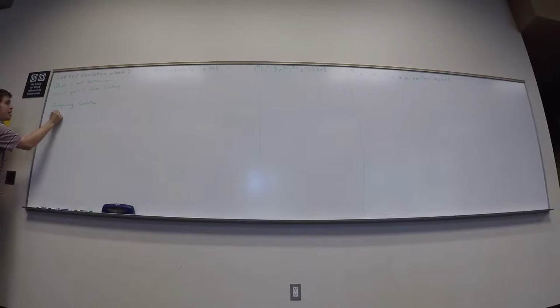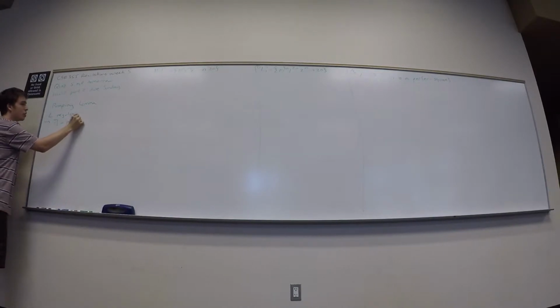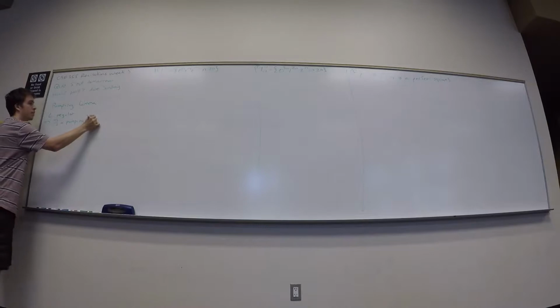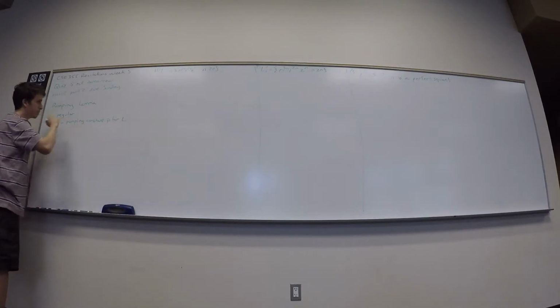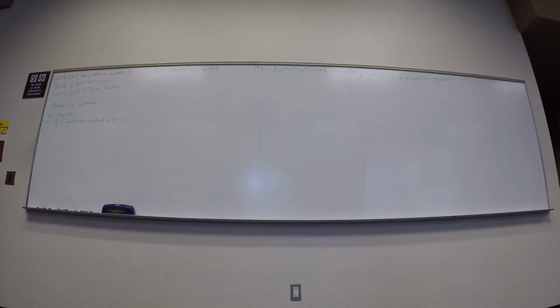So if L is regular, then there exists a so-called pumping constant, which we're going to call P for L. And what did that pumping constant P remind us of? What is it really an indicator of?